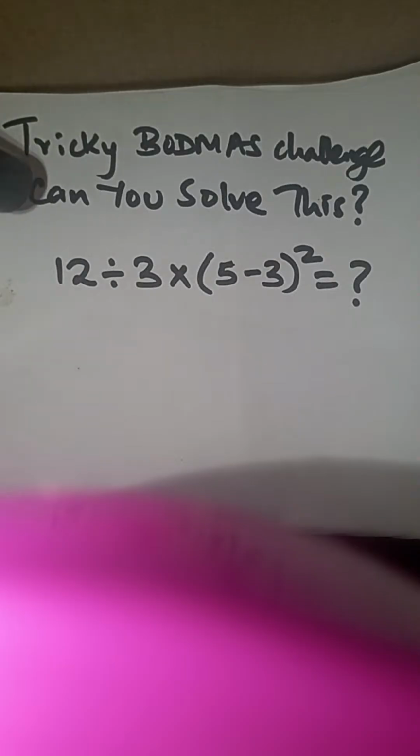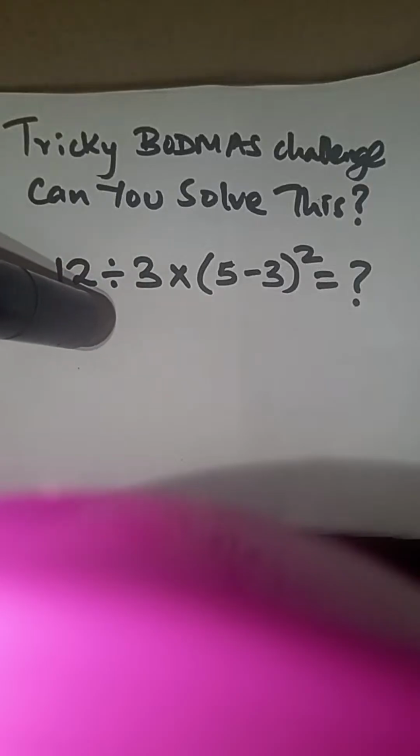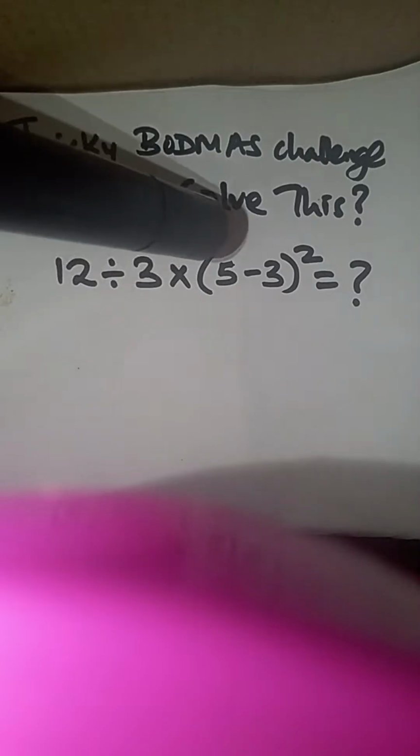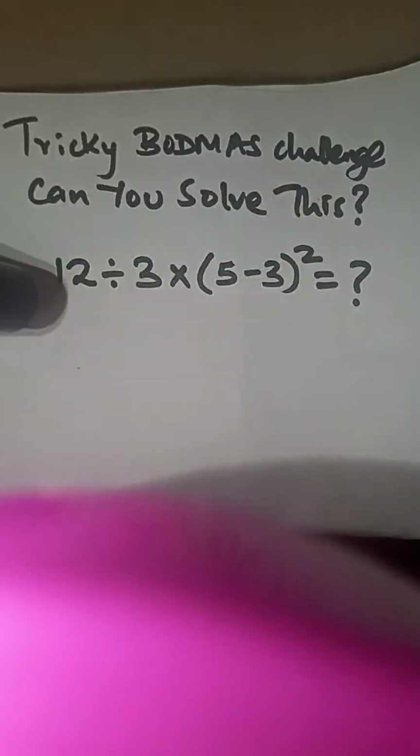We are told to solve 12 divided by 3 multiply by, in bracket, 5 minus 3 squared.